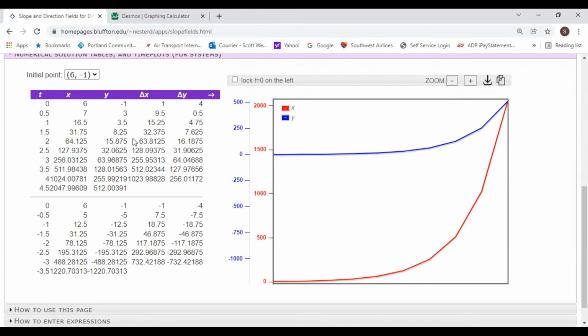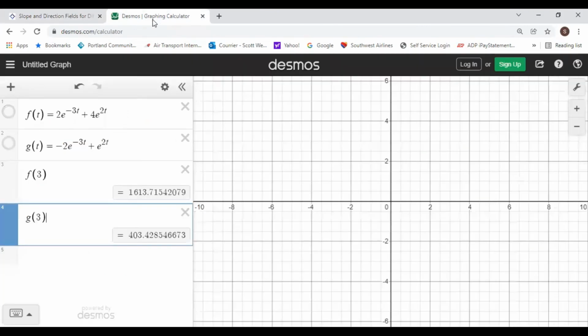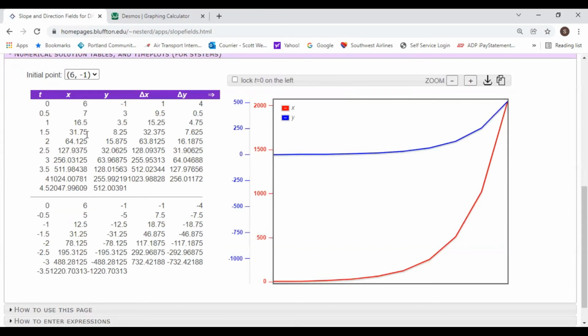So it's quite different from what Desmos gave us. 256.03, and then 63.97. So these values are quite a bit lower than the values Desmos gave us. So much lower that I want to make sure there wasn't a typo. Nope. All right. Phew. And that just goes to show you that Euler's method has a lot of error.